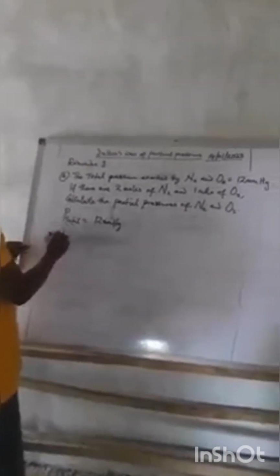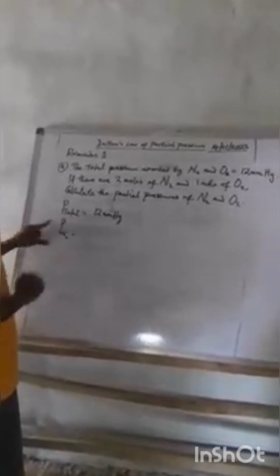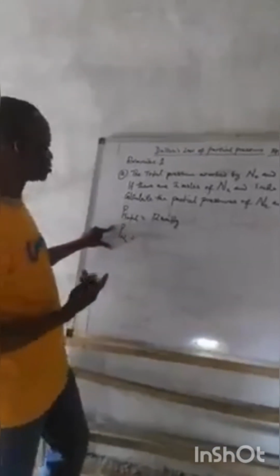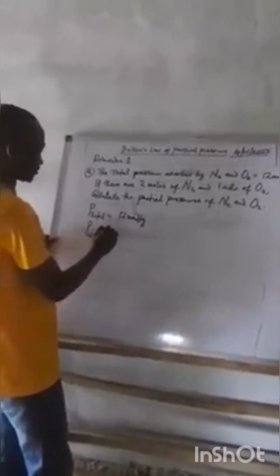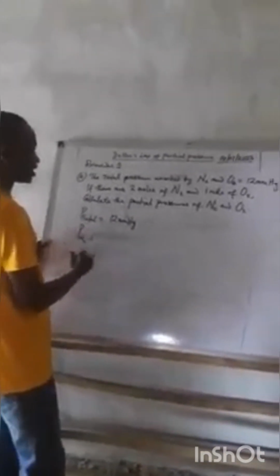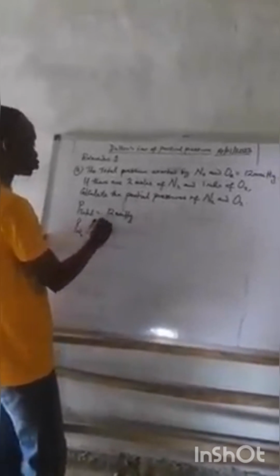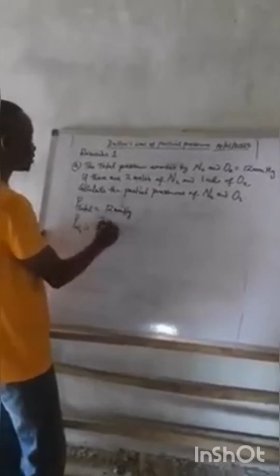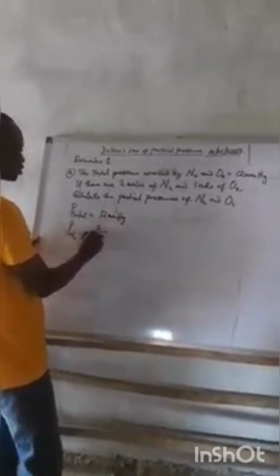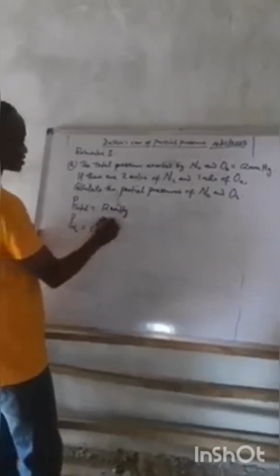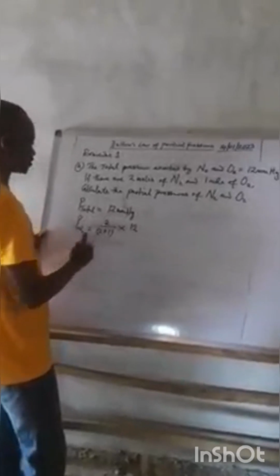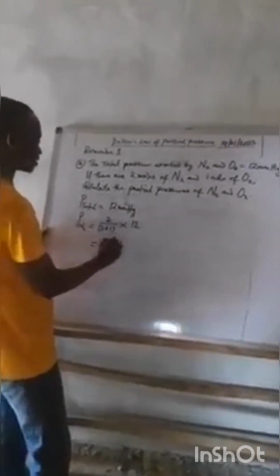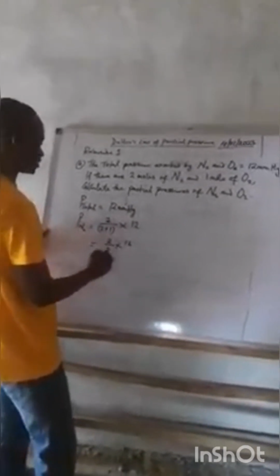Now, PN2, that is the partial pressure for nitrogen, will be the mole fraction times total pressure. And the mole fraction here is 2 for nitrogen over 2 plus 1 for the mixture of gases, times the total pressure, which is 12 millimeters of mercury.